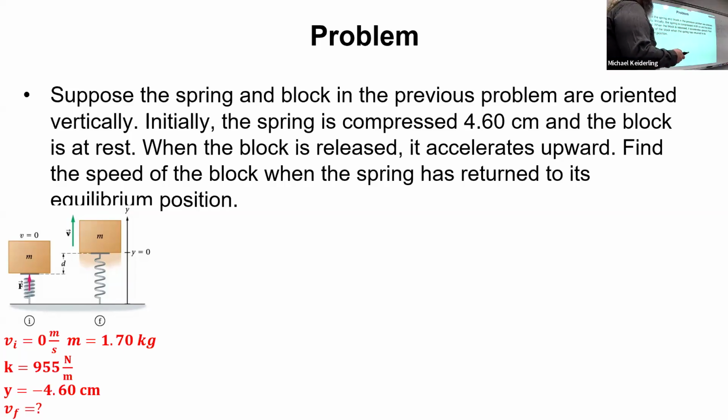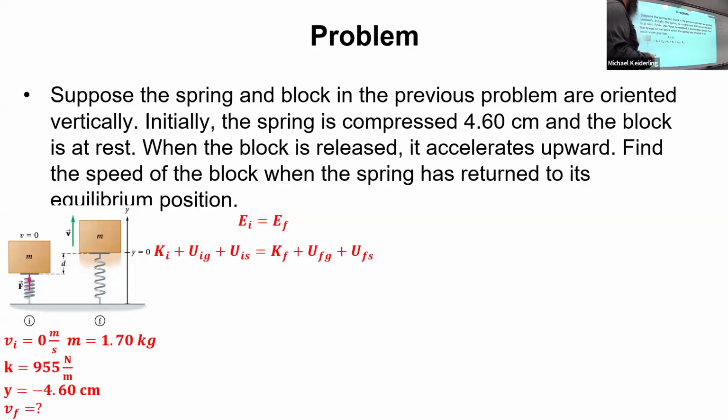So here, when we work on energy, we'll have both gravity potential energy and spring potential energy. So it's helpful that we set our 0 to the 0 point for the spring. So we're using the same y for both gravity and for the spring. So our initial energy equals our final energy.